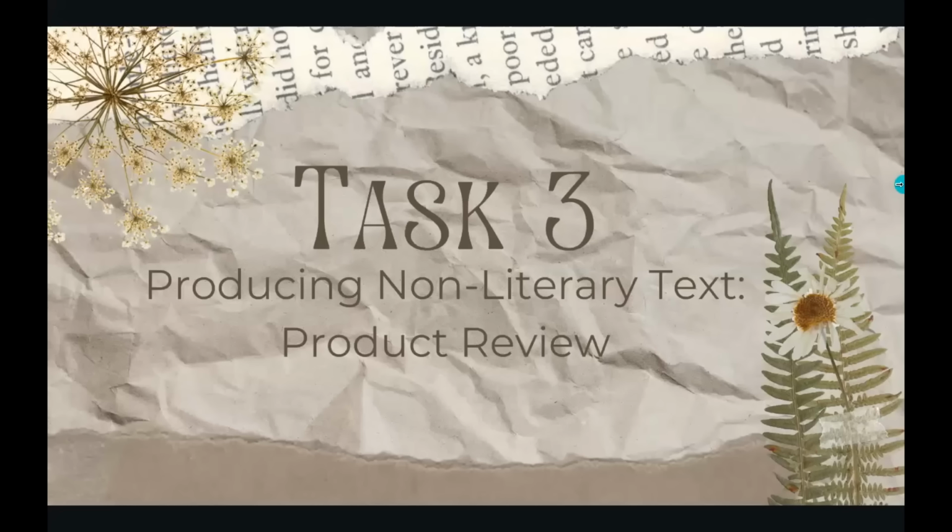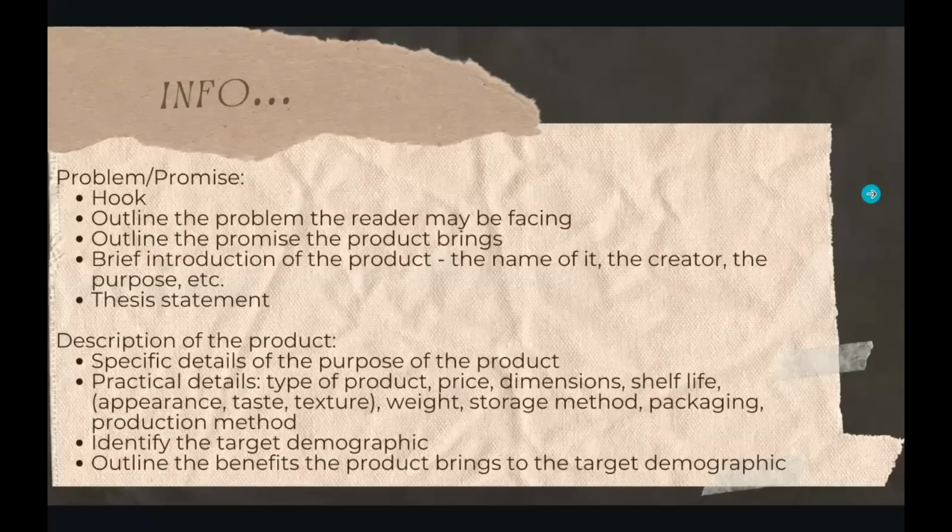And then one more text type that you can take notice of is a product review. A product review has a more specific format that you should take notice of.